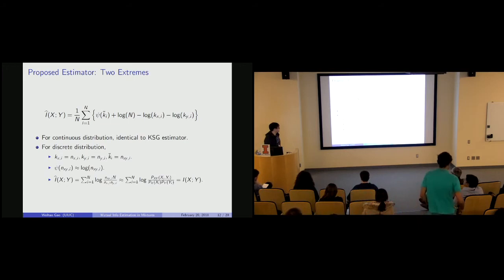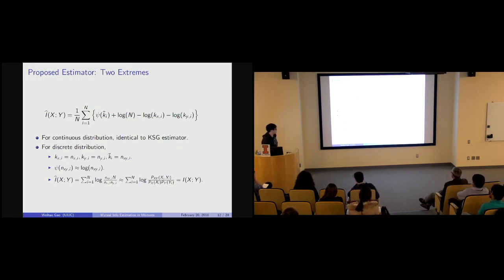And this nxy over n is approximately equal to pxy, nx over n approximately to px, and ny over n approximately to py. That covers the most simple plug-in estimator of mutual information in the discrete case. So by just simply replacing k by k tilde i, we recover the classical estimators in these two extremes.